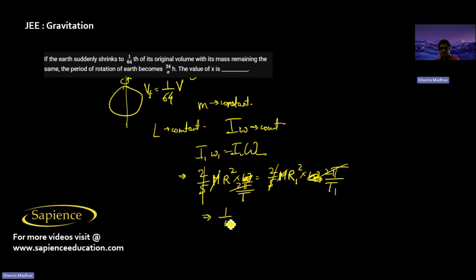So you can say that R square by T is equal to R1 square by T1. Therefore, the new time period T1 is equal to R1 square by R square into T.